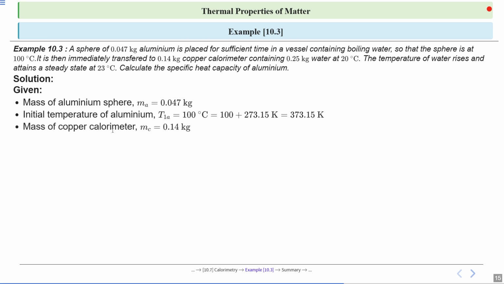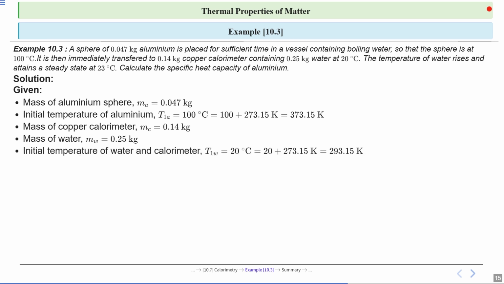Mass of the copper calorimeter Mc is equal to 0.14 kg, and mass of the water Mw is equal to 0.25 kg. The initial temperature of the water and calorimeter is 20 degrees Celsius. This is also given in degrees Celsius, so we need to convert it to Kelvin by adding 273.15. So it will be 293.15 Kelvin. All right.